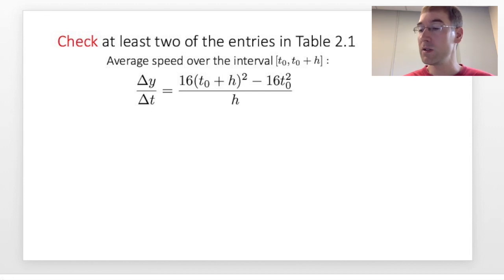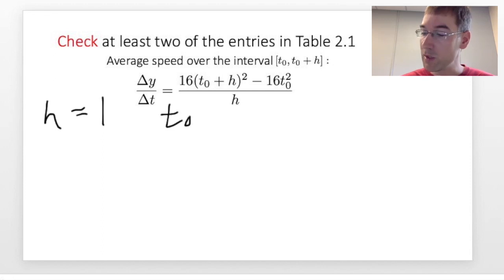And if you look at the table, the first column gives us different values of h, starting with h equal to 1. The second column looks at an initial starting time of 1, t0 equal to 1. So let's do the calculation for these two values.